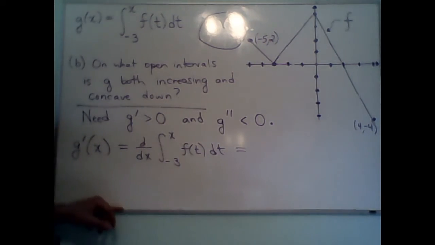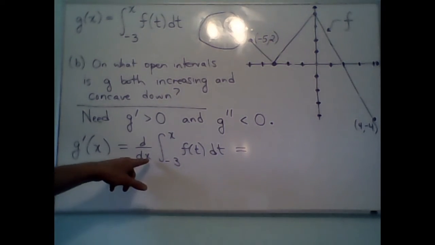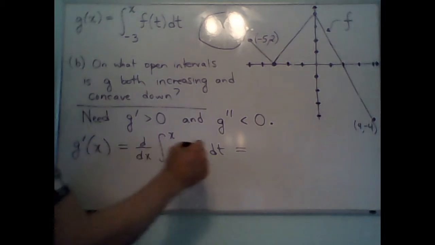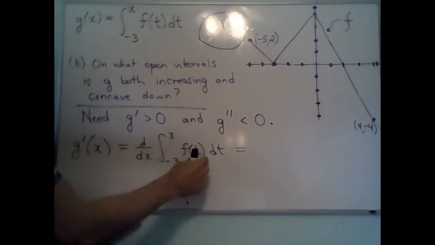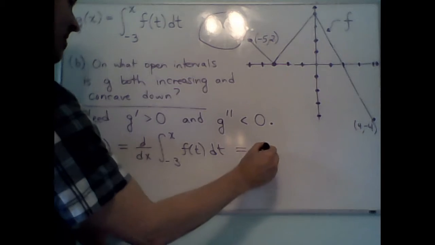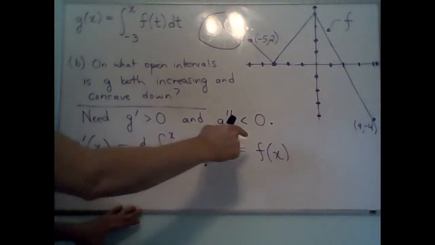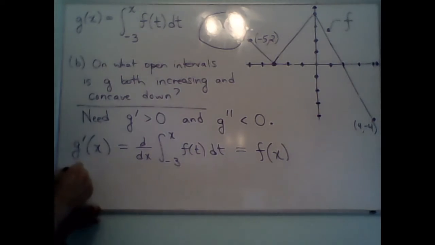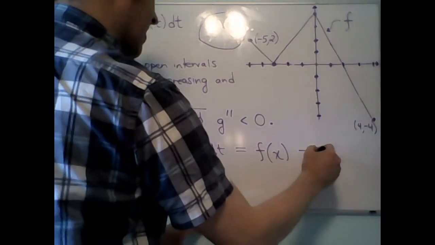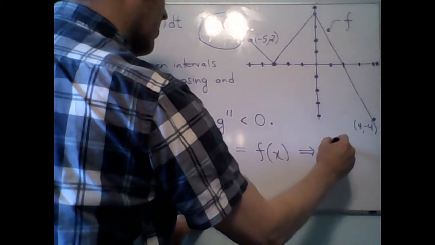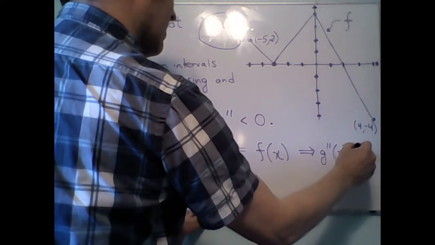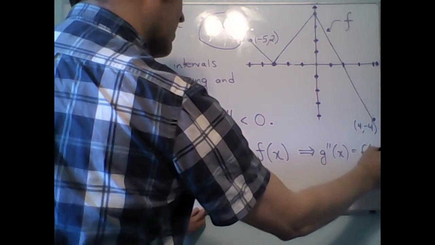Then the fundamental theorem of calculus, second version, tells me this derivative is just plug that variable into the integrand, replacing the dummy variable t. So g prime of x is f of x, and therefore, of course, g double prime of x is f prime of x.